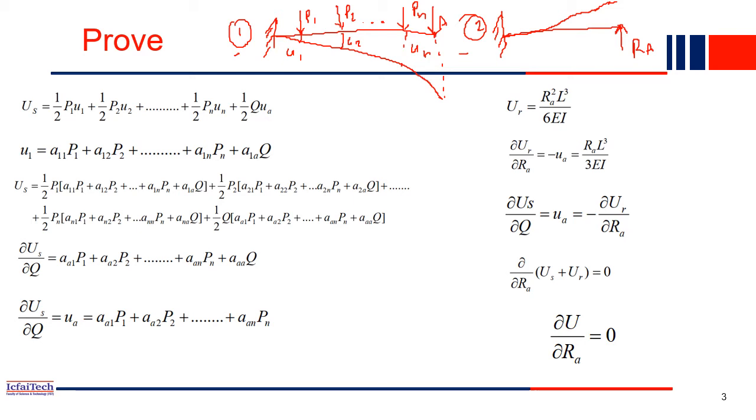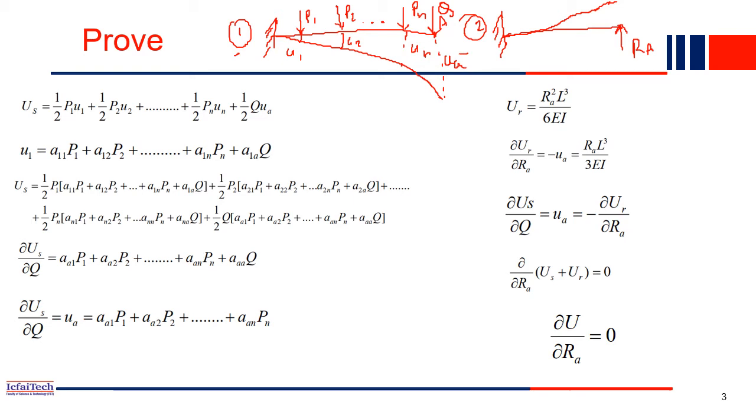At that point means at A, but at A there is no force acting. The force at A is zero, as none is given in the question. So we have to apply an imaginary force Q at end A, because we are finding the displacement uA.